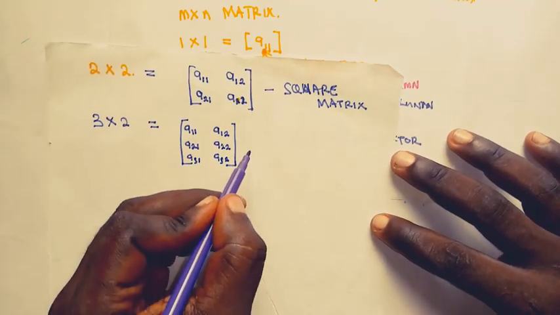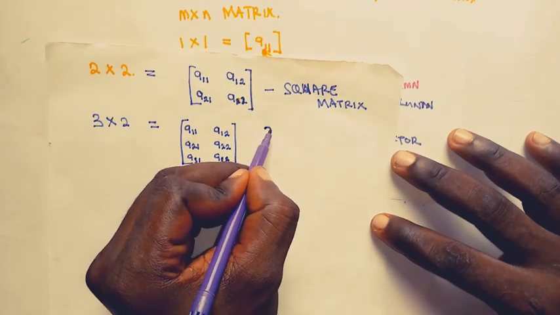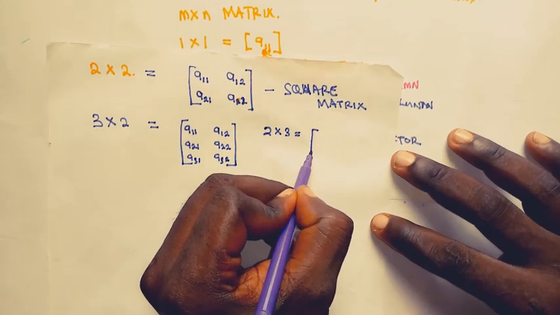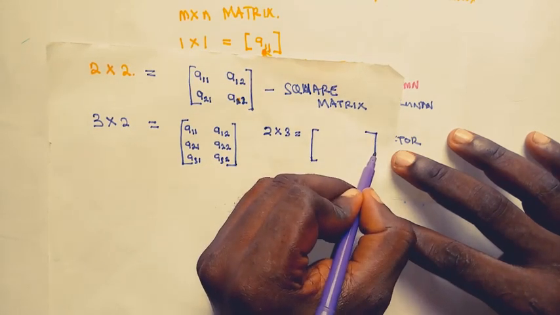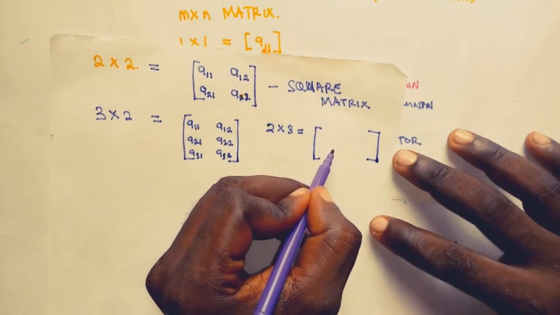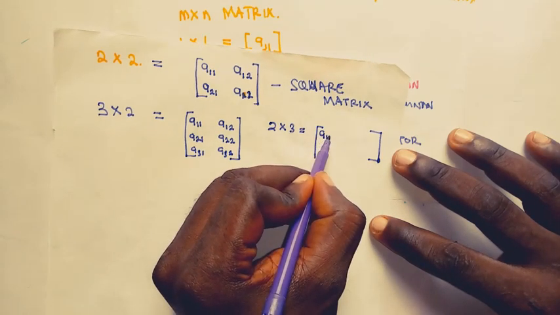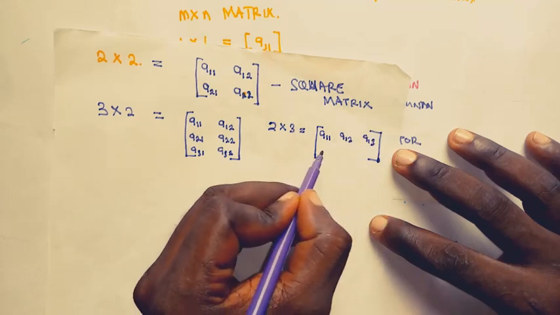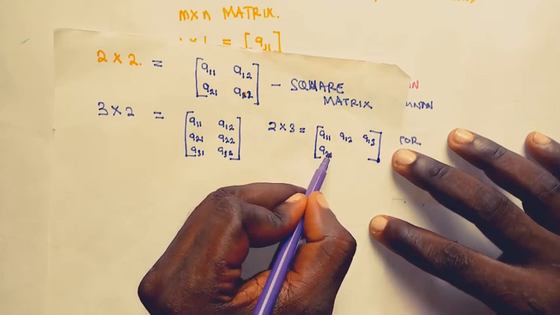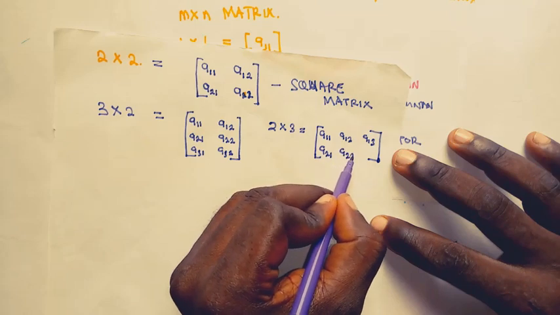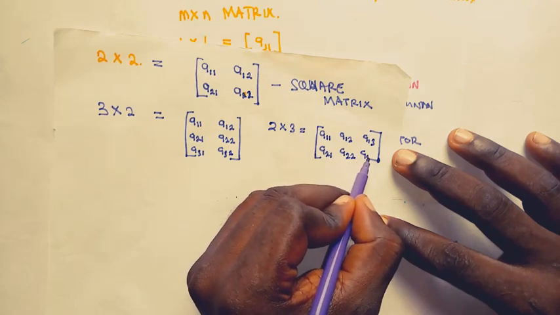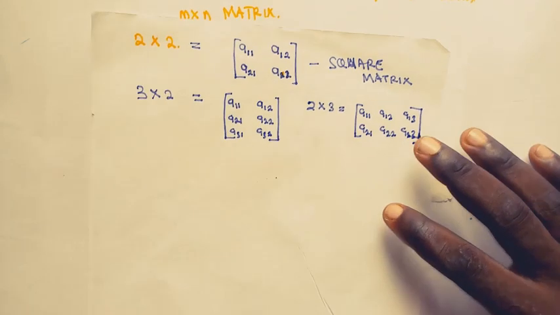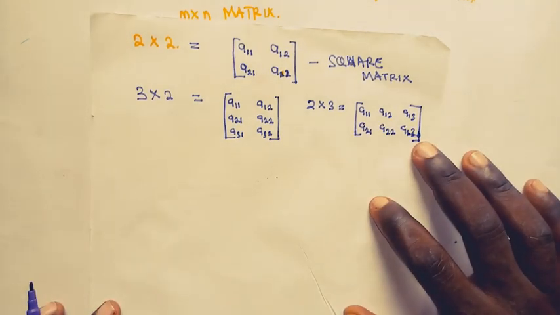Also in the same vein, we have a 2 by 3 matrix that has 2 rows and 3 columns. We have A11, A12, A13, A21, A22, and A23. So these are the various dimensions of matrices.